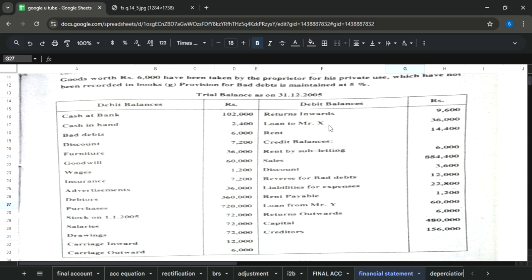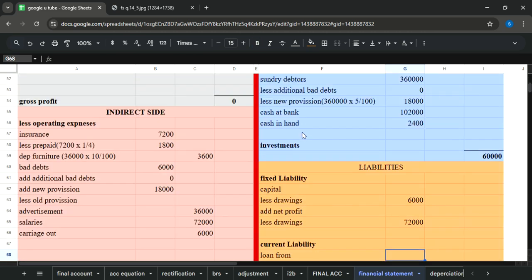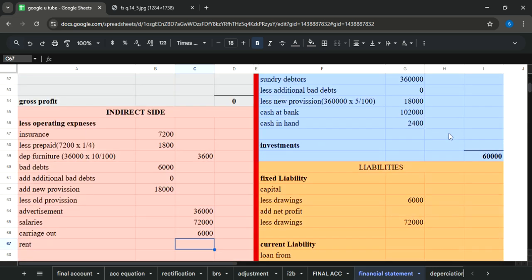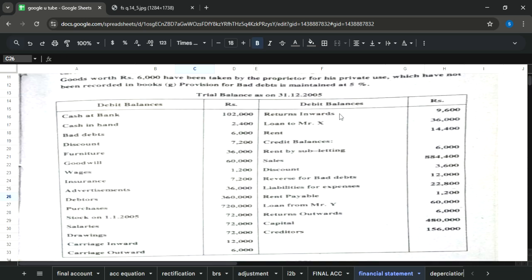Then we have rent. Please note it down. This is written in debit balance. So rent is an expense. You will go to operating expenses, and here you will mention rent. Amount of rent is given as 14400, and you will mention it in front of rent. So guys, debit side has been completed. Now credit side is starting. Rent by subletting. Since it is credit, it means you have received this rent.